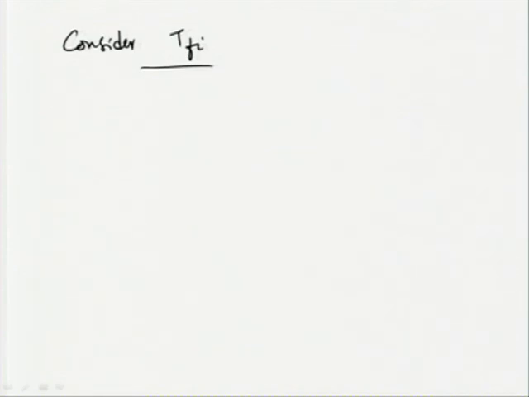Let us say in the interaction case, what we are interested in is, if you have an initial particle, after interaction what happens to that particle is one interesting question.